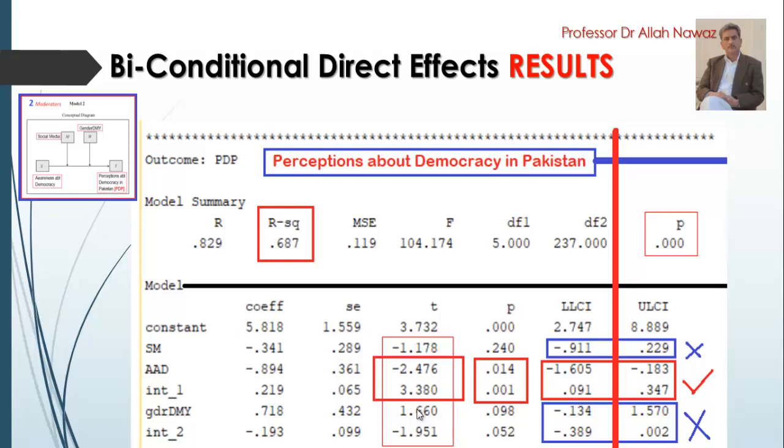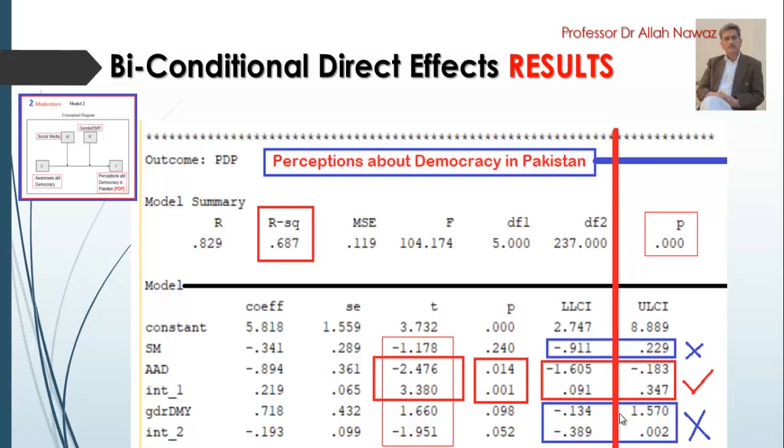However, their t-scores, we can see, are both less than 1.96. Likewise, the p-values are also insignificant, 0.09 and 0.052, both greater than 0.05, because 0.052 means greater than 0.05.